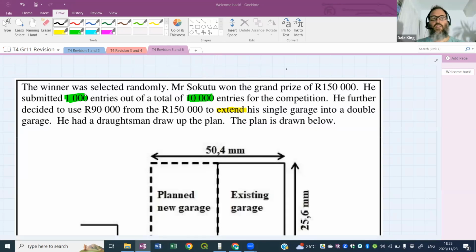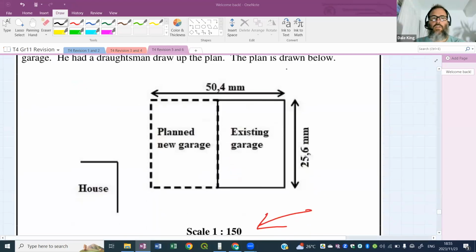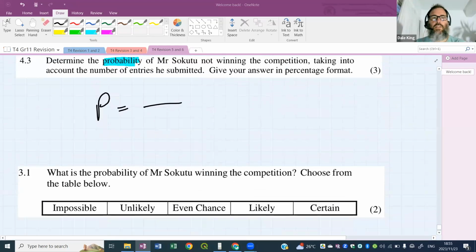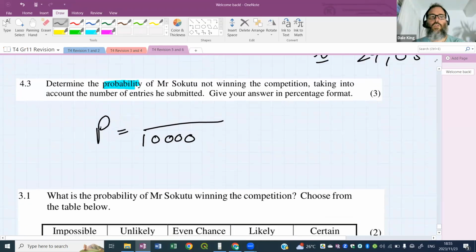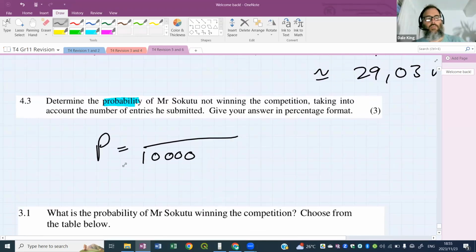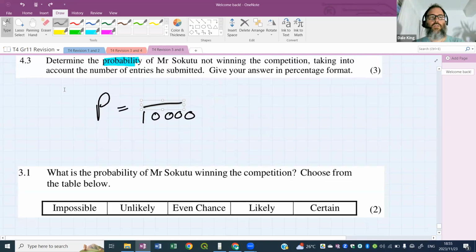So he's got a 1,000 out of 10,000 chance of winning. Well, then what are the chances of not winning? Well, it's all the others. If there's 10,000 possibilities, that's definitely going at the bottom of our fraction. And he won with 1,000 entries. So the chance of him not winning is all the other entries.